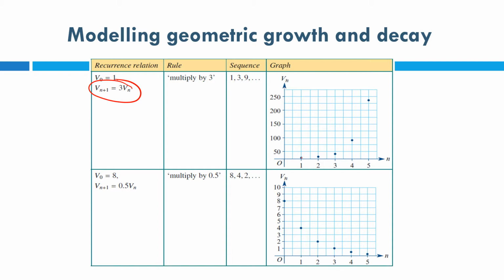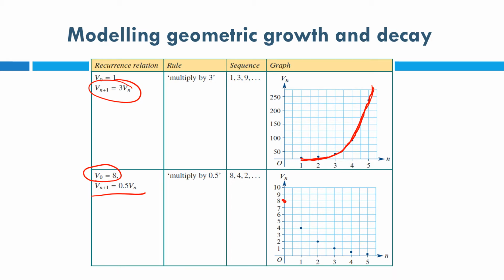If we kept multiplying by 3, which is what the rule is telling us to do, we no longer have a linear relationship there because we're not adding the same amount or taking away the same amount, but we're multiplying. So you see how it's a curve? We call that, in this case, geometric growth.